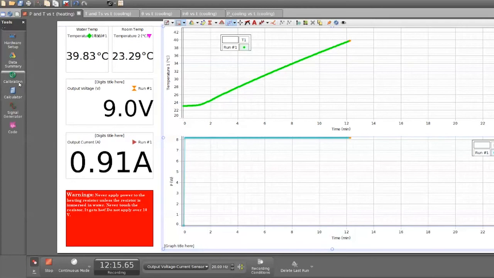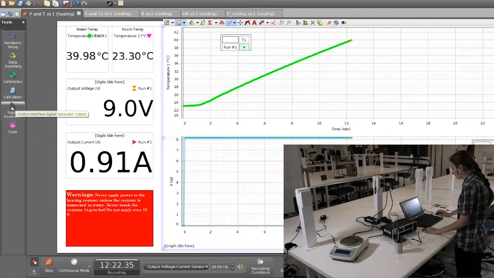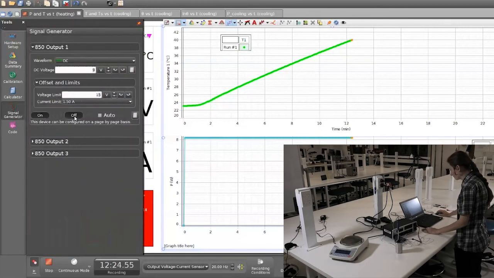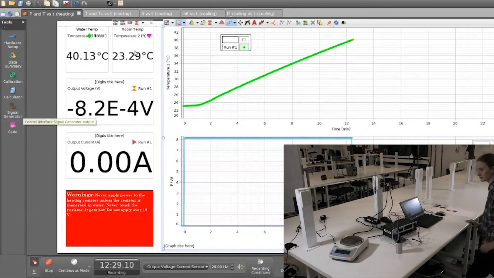We allow the heater to heat up the water to approximately 40 degrees Celsius. At this point, we turn off the signal generator, but we keep recording for an additional 10 minutes to get our Part C for our Newton's law of cooling.